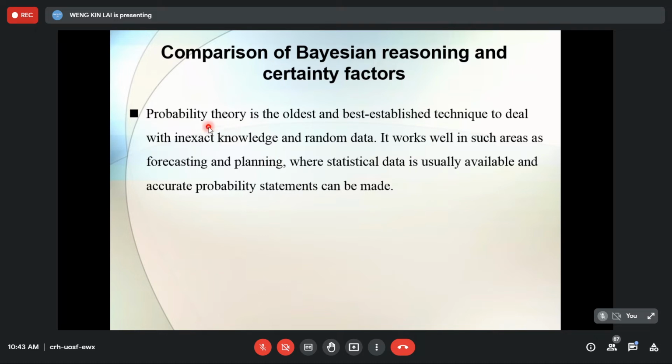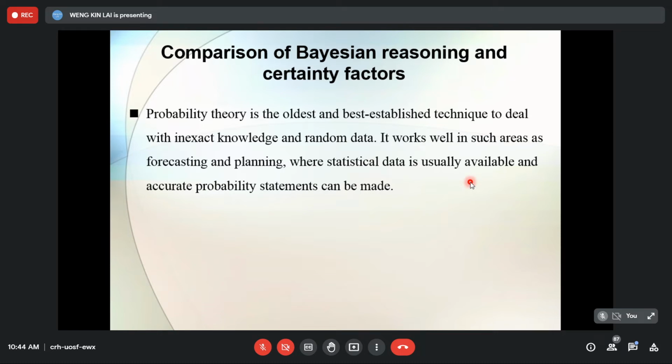Probability theory works well in such areas as forecasting and planning, when the statistical data is usually available. So when you have historical data that tells you that on such a day, the chances of rain is this. You have such statistical data, and accurate probability statements can be made based on a sufficiently large amount of data collected.